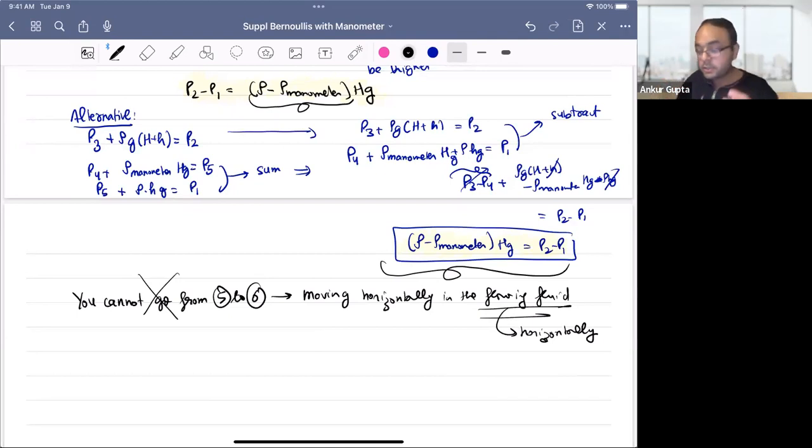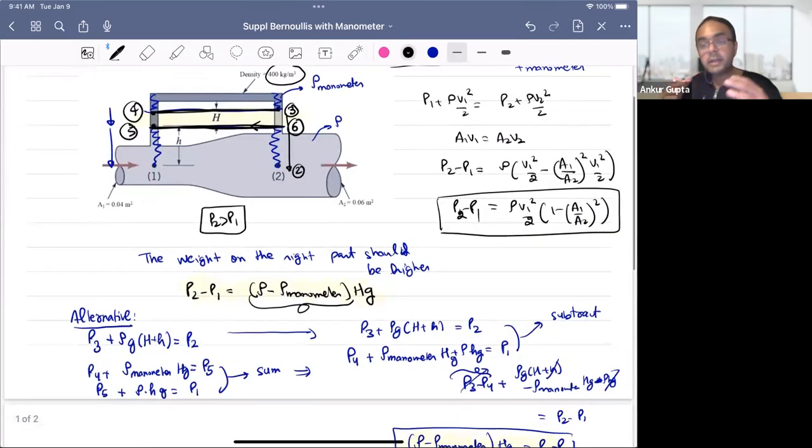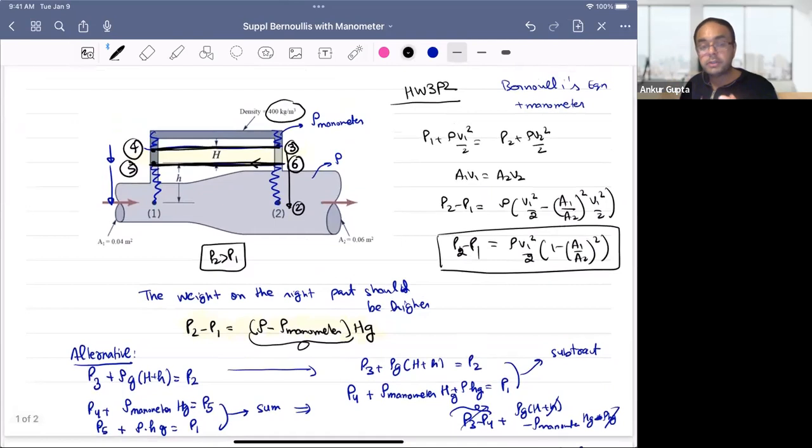So to recap, when you're trying to solve manometer problems with Bernoulli's equation, I would advise that you really understand this. You can try these alternative derivations yourself to convince yourself that you will always get the same answer. Simplest approach is to think that if the potential energy is the same, for instance in this horizontal pipe, then the higher kinetic energy will have the lower pressure, or the lower kinetic energy will have the higher pressure.